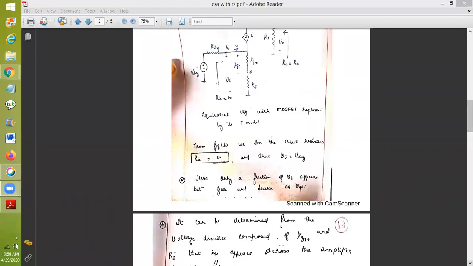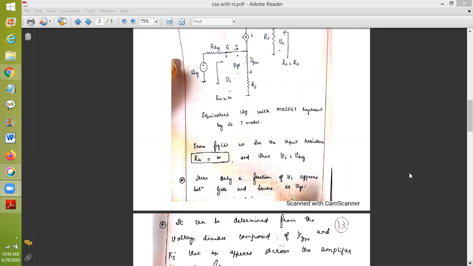So since the input impedance is high, Rin is equal to Rg, and whatever input you give, the complete input will appear at the gate with respect to ground, represented as Vi. Therefore Vi is equal to V signal.